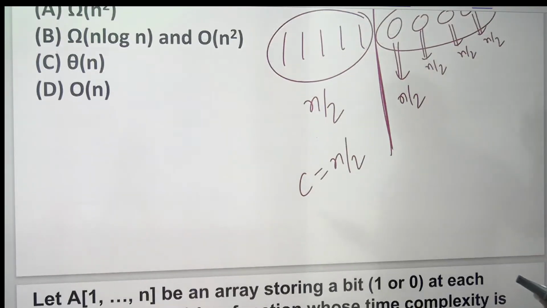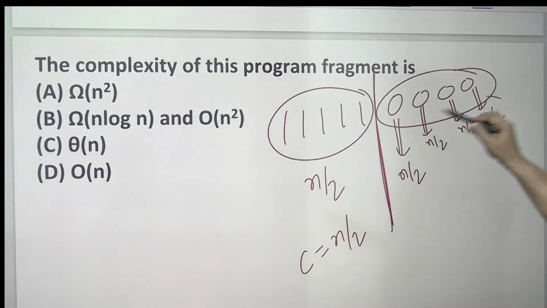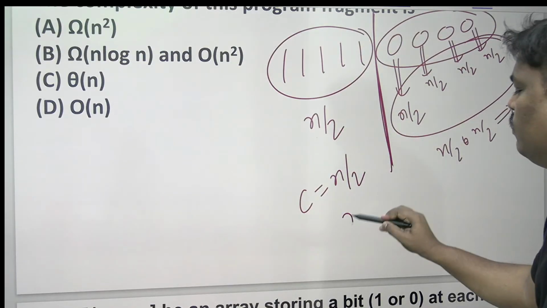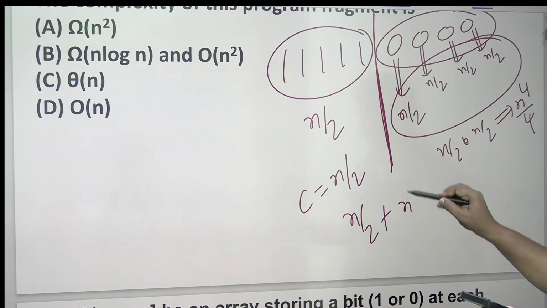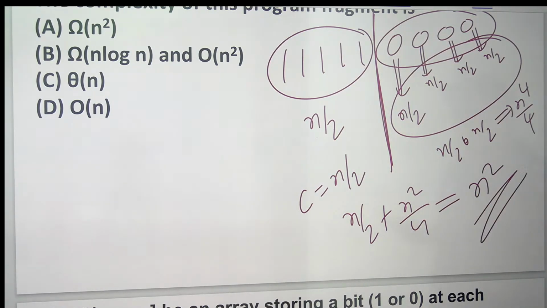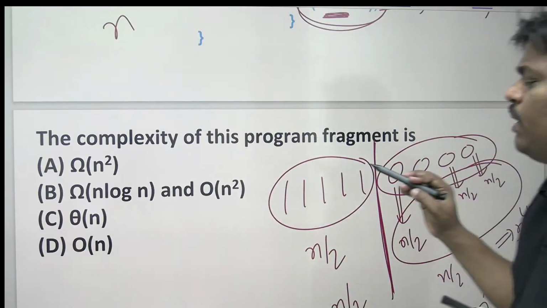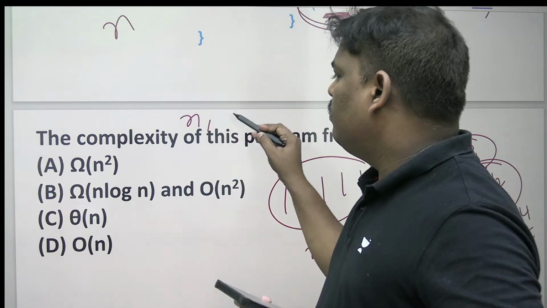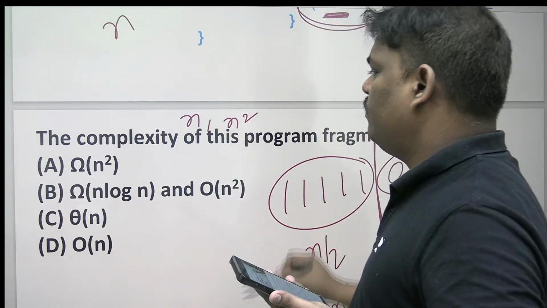So finally n by 2 times n by 2, which is n square by 4. This is already n by 2, so n by 2 plus n square by 4 goes to n square. Remember this program's time complexity: minimum is n, maximum is n square.